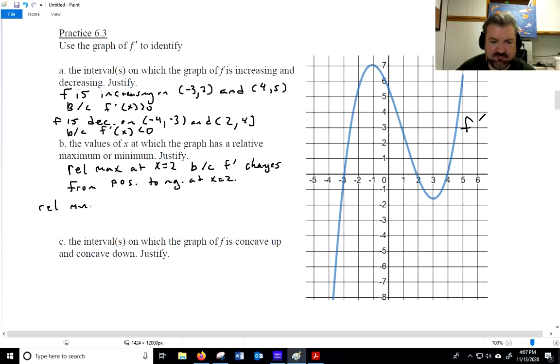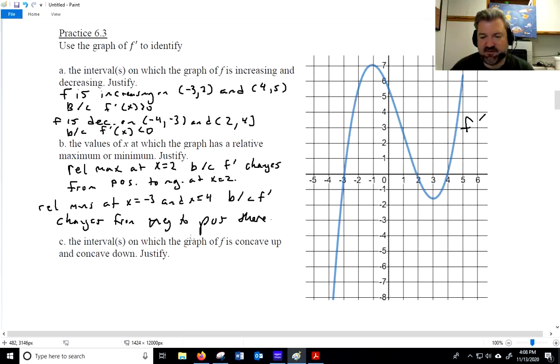We have relative mins at x equals -3 and x equals 4, because f prime changes from negative to positive there.